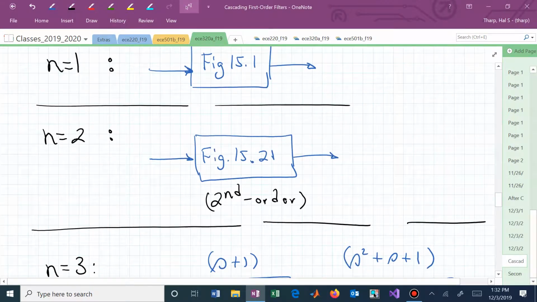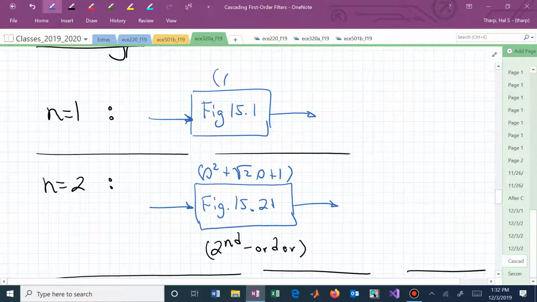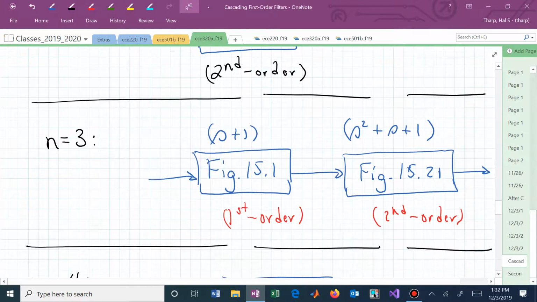Up here, this was s squared plus the square root of 2s plus 1. This one was s plus 1, as we would have expected.